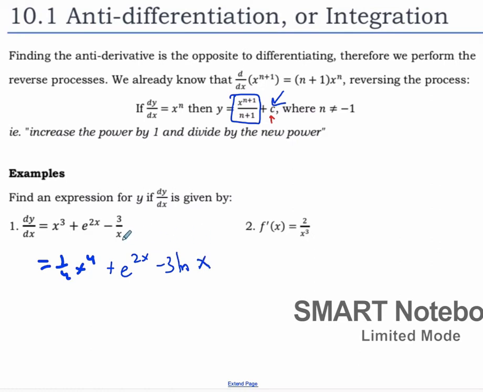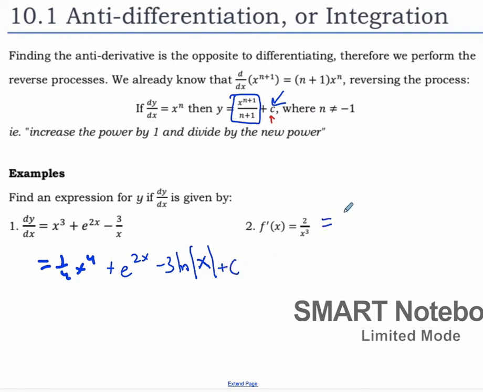Okay, now notice that when you take the log of x, you can't log a negative number or 0, right? So actually the integral of 1 over x is ln absolute value of x. Okay, and you can put a plus c here too.